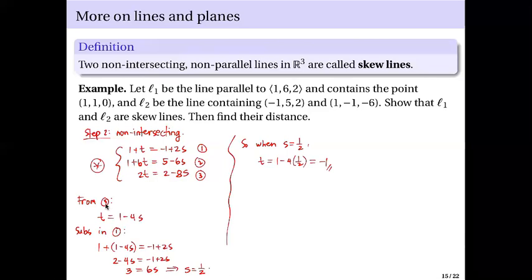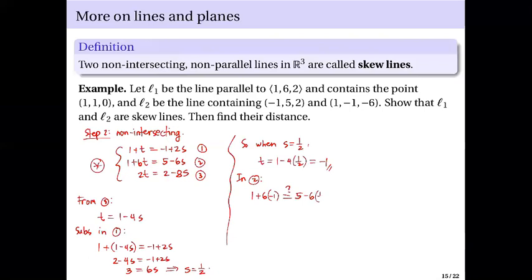So we have the t, we have the s. We used equations 3 and 1. So we plug in equation 2. Okay? In equation 2, we now have 1 plus 6 times t. T is negative 1. Is this equal to 5 minus 6?